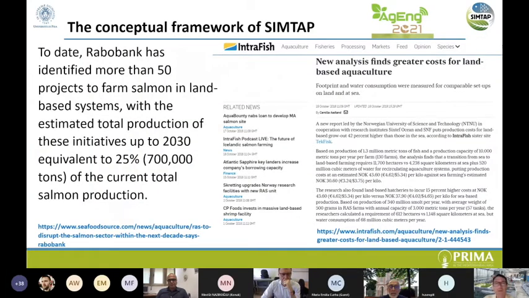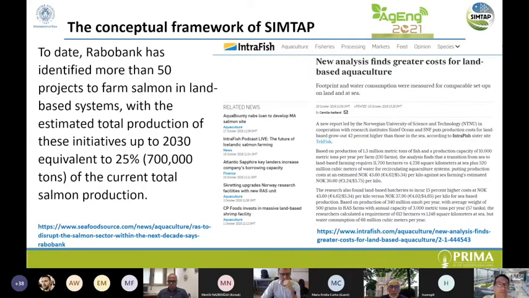What about the RAS future? Up to now, for example, in Norway, where the aquaculture industry is really well established, as you know, there are a lot of projects to move the salmon aquaculture from sea cages to land-based systems.